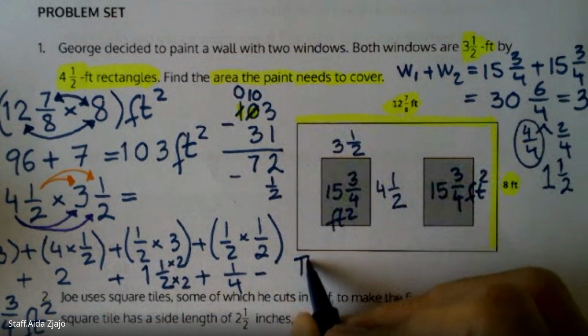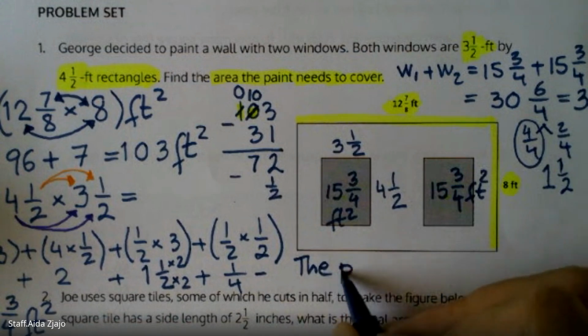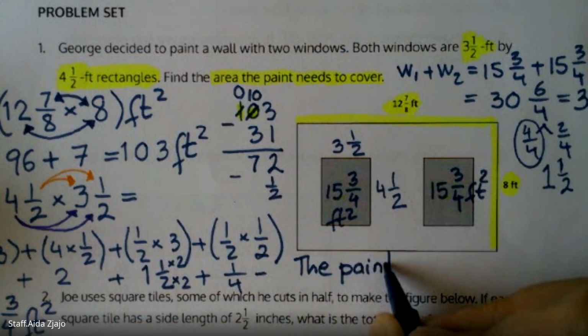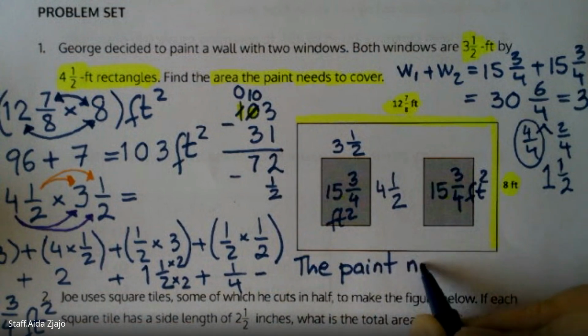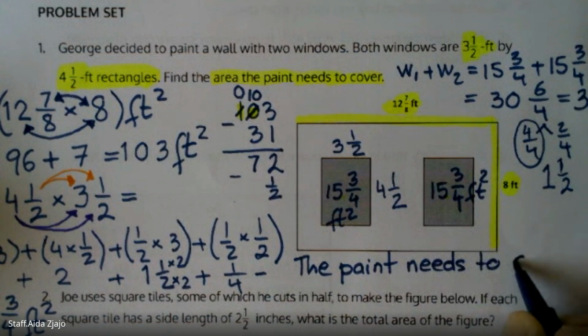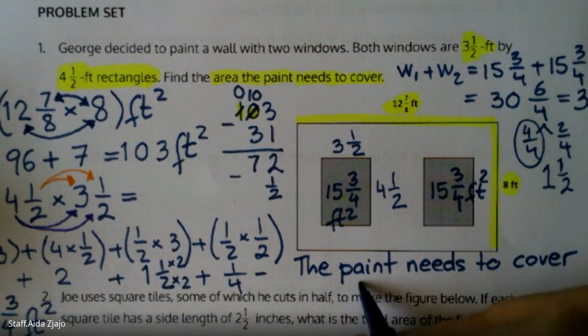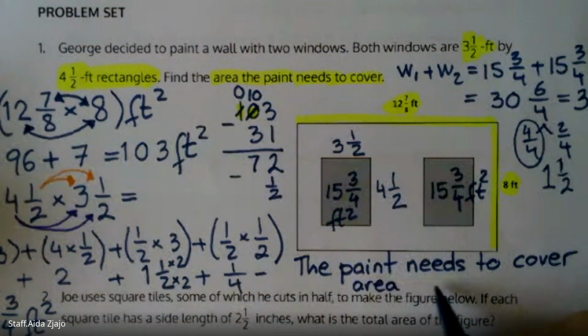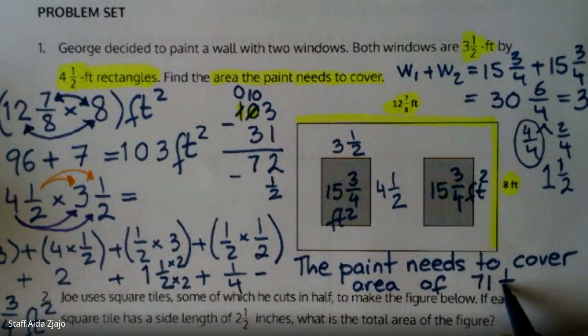The paint needs to cover an area of 71 and a half square feet.